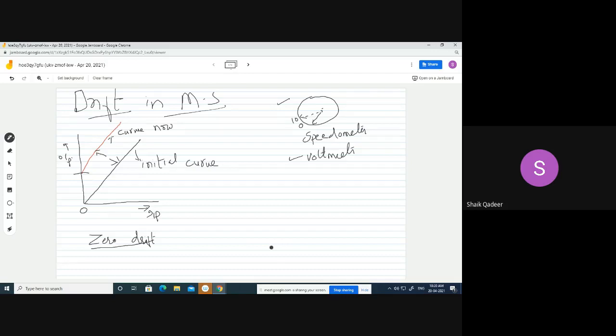There is another drift called as span drift. In case of span drift, the thing which happens is, suppose this is our initial curve.